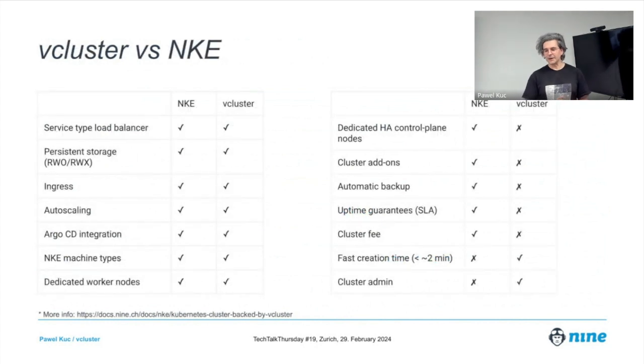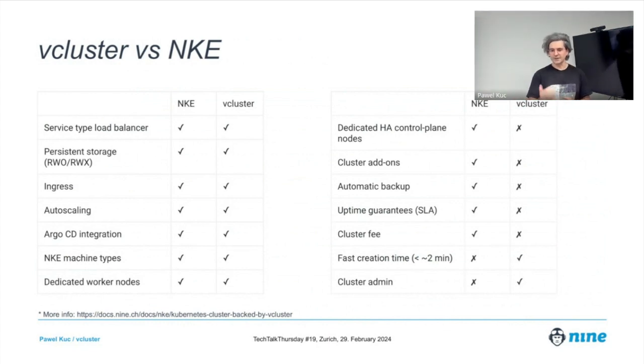And a quick comparison, because we at 9 offer vCluster as a managed version, but of course you can create vCluster very easily in your environment. We just provide this managed version, and we also have our 9 Kubernetes Engine, which is also a managed version of a full Kubernetes cluster.